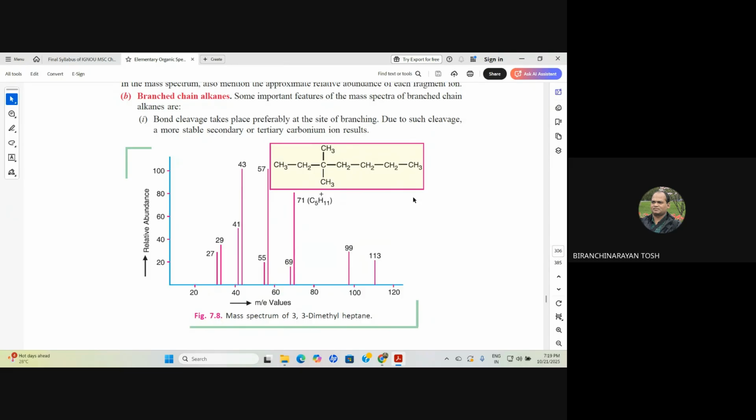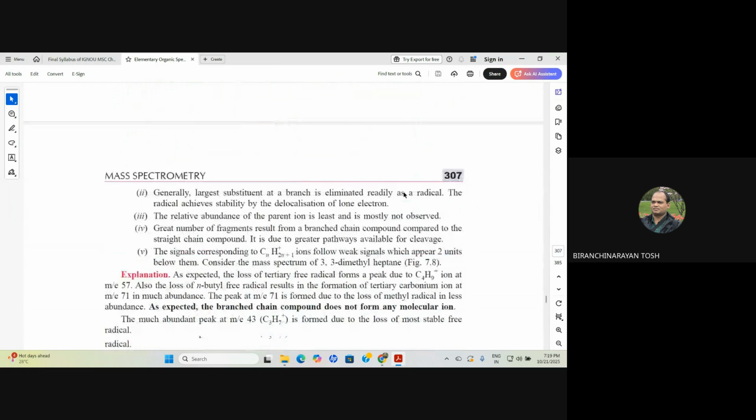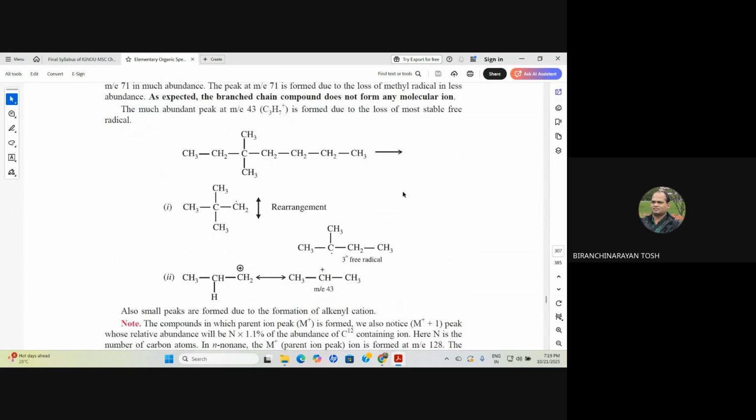So, as expected, a branched chain compound does not form any molecular ion. The most abundant peak, which is at 43, is formed due to loss of the most stable free radical. You can go through this equation, how we are getting the peak at 43. This is the compound. Then here is the fragmentation.